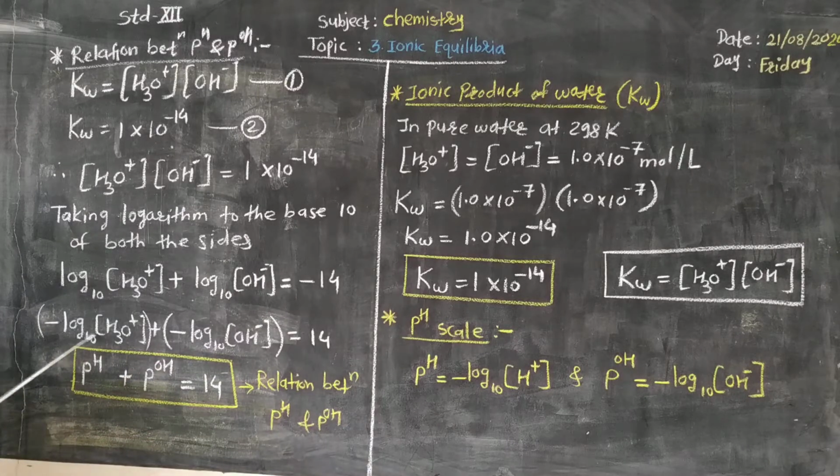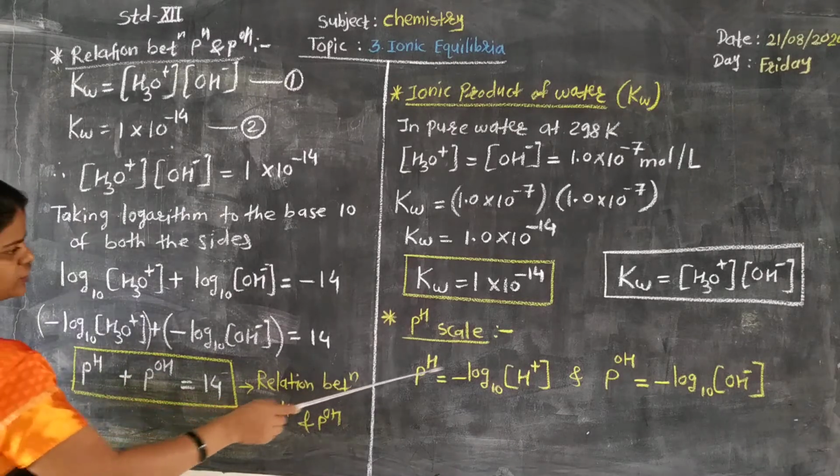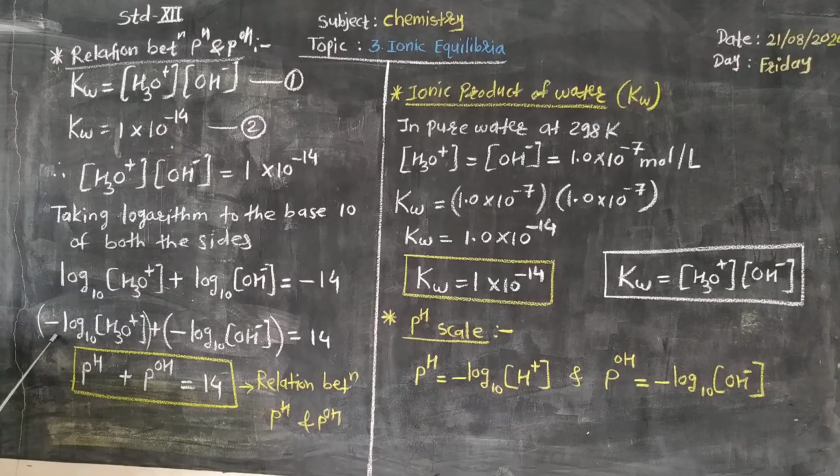Now, what is this? According to the definitions of pH and pOH, negative logarithm to the base 10 of H3O plus or H plus is pH, and negative logarithm to the base 10 of OH minus ion is pOH. Plus sign remains as it is. Hence pH plus pOH is equal to 14 is the relation between pH and pOH.